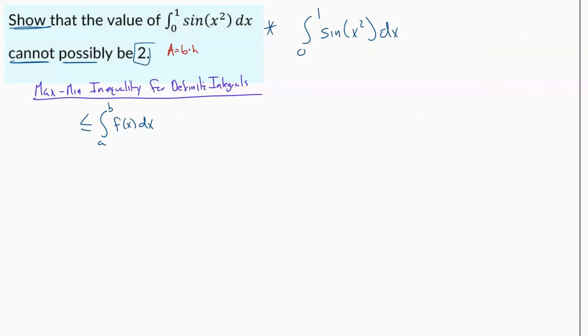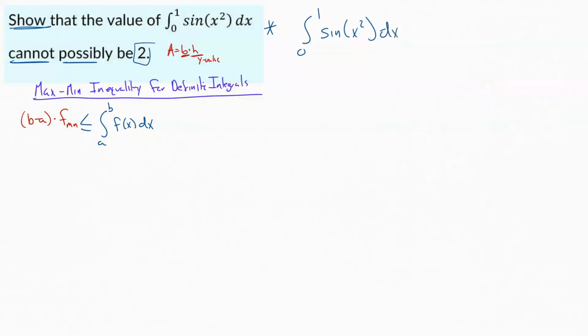So the smallest rectangle you could use to underestimate it would be b minus a, that's your base portion, normally your delta x, times what they refer to as f min, the smallest y value that you can find on that graph. That would be the height normally.